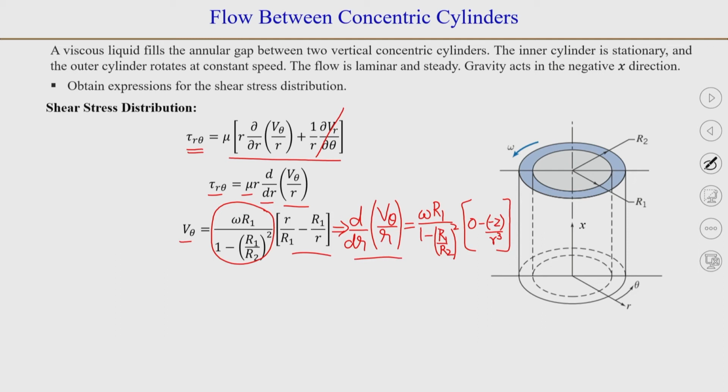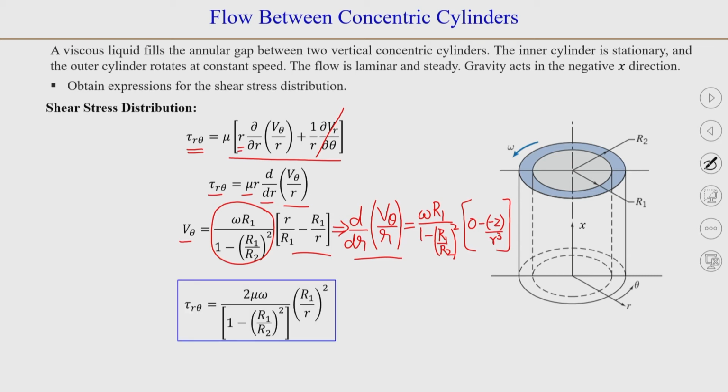Now, you have to multiply this with small r. So, one of the r will be cancelled here, and you will get tau r theta is equal to mu times 2, which comes from here, 2 into omega divided by 1 minus r 1 by r 2 squared into r 1 squared by r. So, we had an r 1 here.